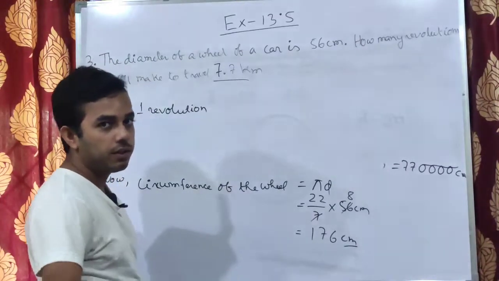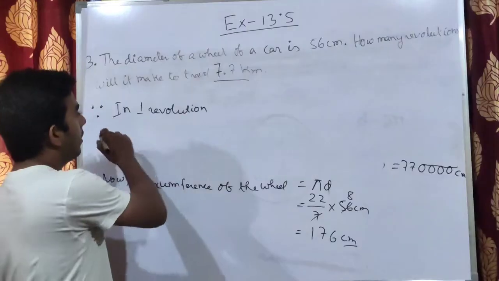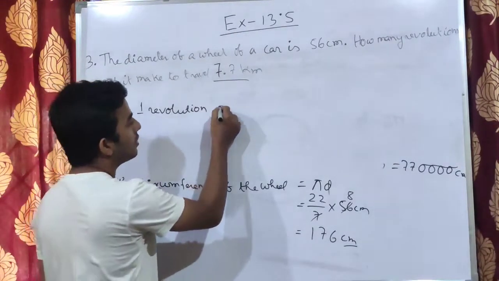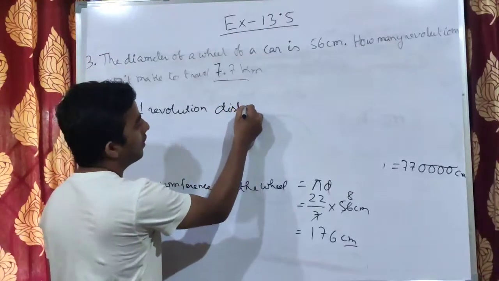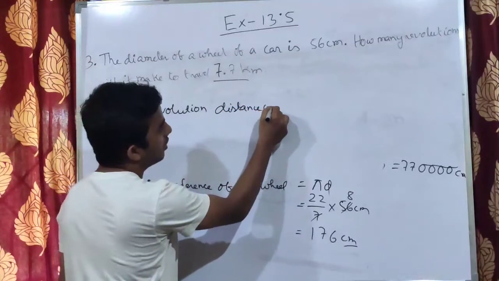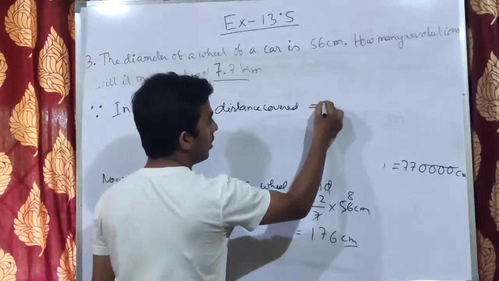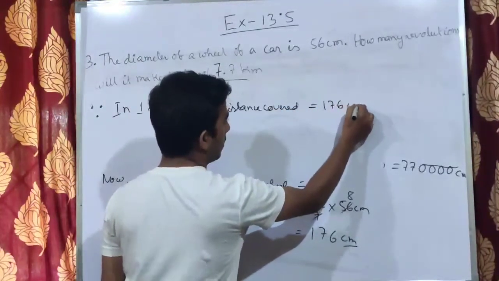This is homework. In one revolution, the distance covered equals 176 centimeter, right?